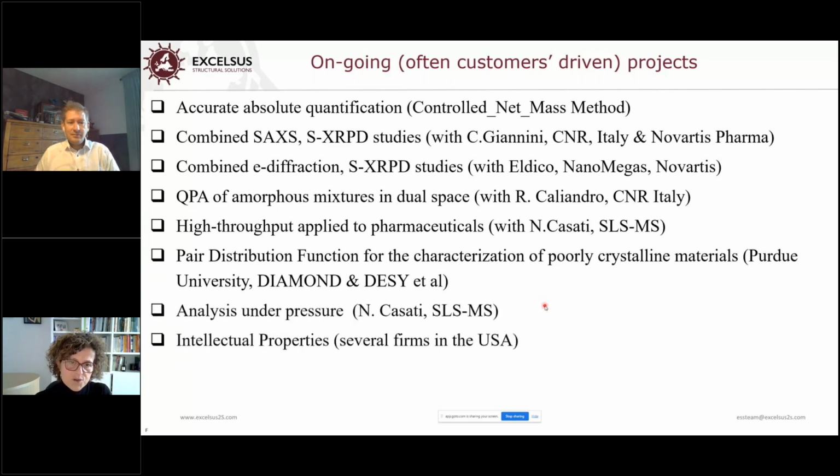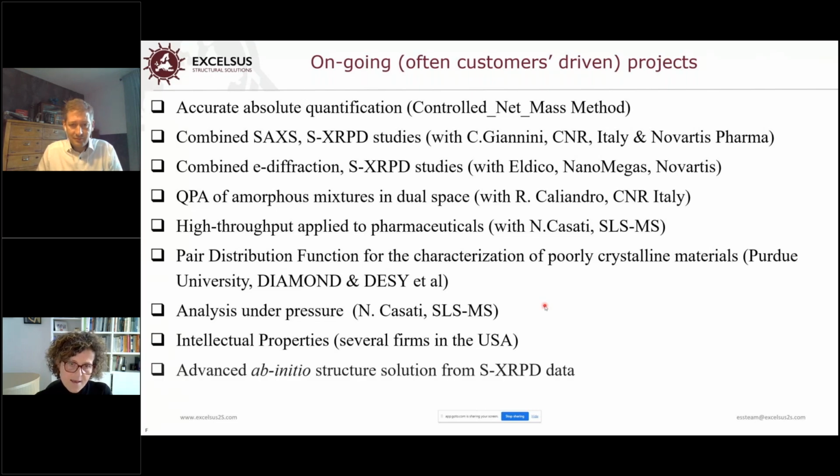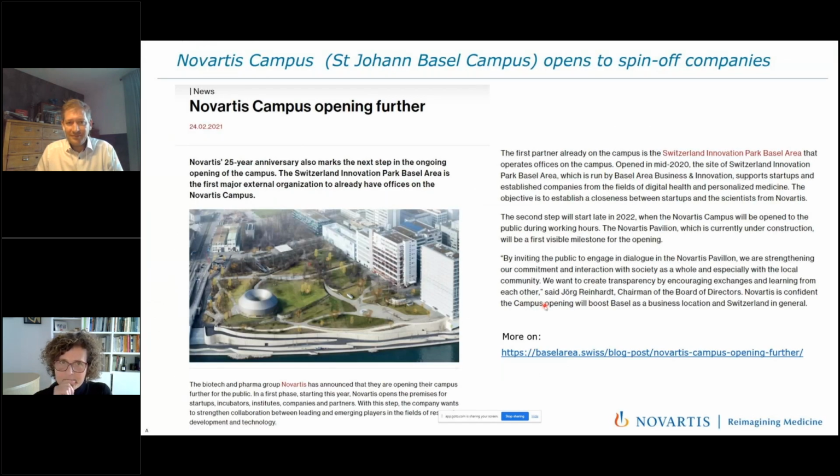Analysis under pressure. Then we work a lot on intellectual property, so legal cases, and also advanced ab initio structure solution, which is the field of expertise of Pamela Whitfield at Excelsus. All these collaborations involving Novartis are probably going to increase.